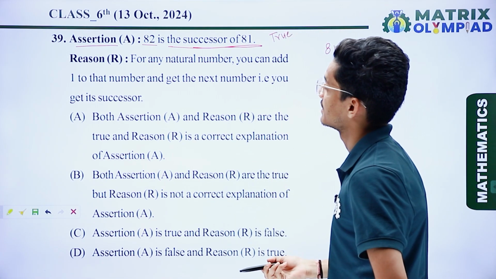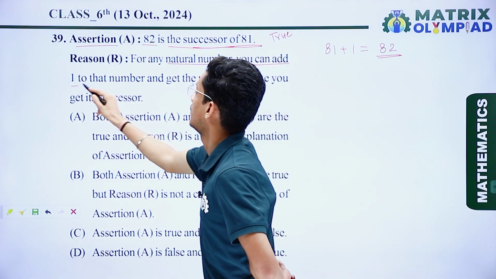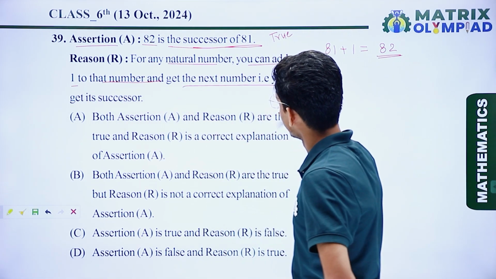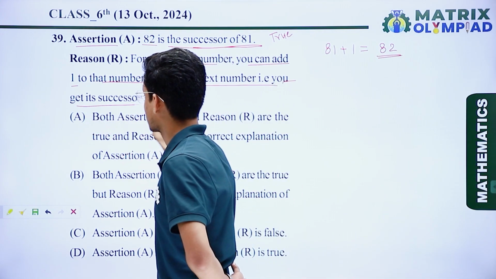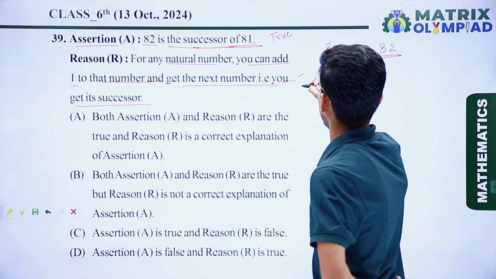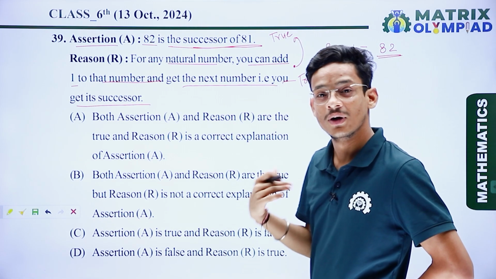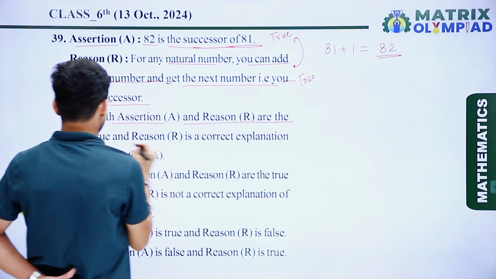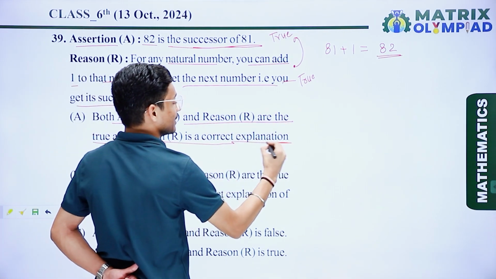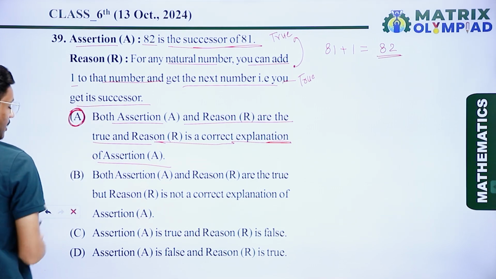Now if I talk about reason, for any natural number you can add 1 to that number and get the next number, that is you get its successor. So yes, this one is true, and reason is the correct explanation of assertion. So here option number A is the correct answer.